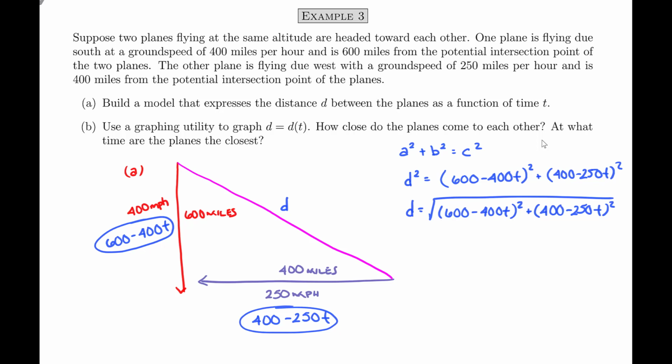I hope it makes sense when you have a certain distance. If you're driving a car from the high school to McDonald's, we'll say that's a mile, and you're traveling at 35 miles per hour. So that 1 mile gets reduced by 35 miles depending upon how much time has been taken up.